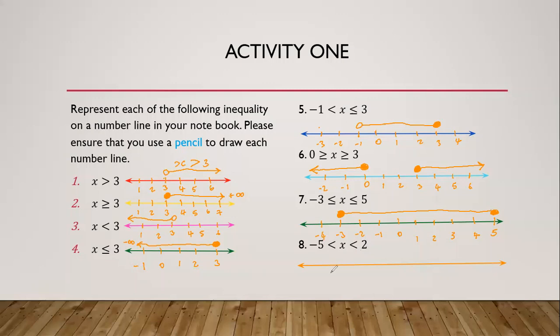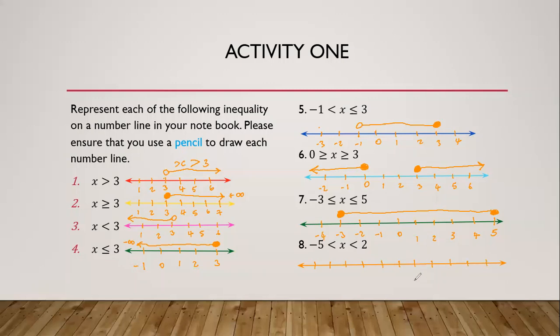For the last one, same thing. We need some lines on our number line to indicate where each point is going to be. So that's 1, 2, 3, 4, 5, 6, 7, 8, 9, 10, 11.